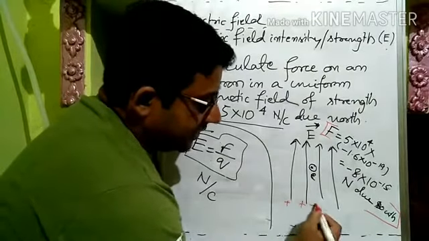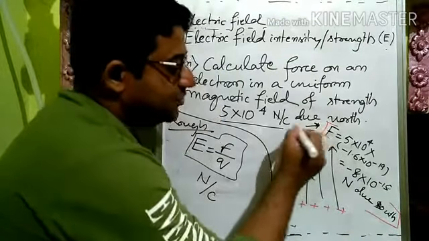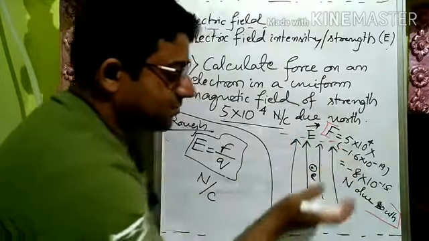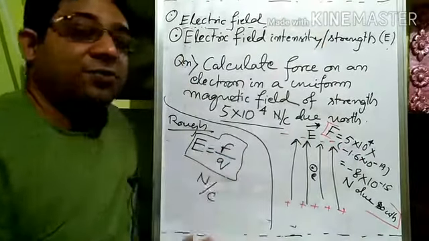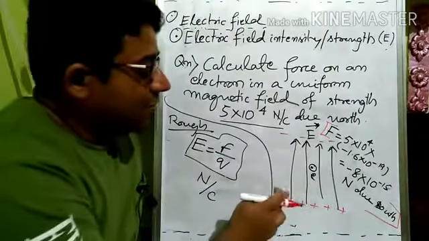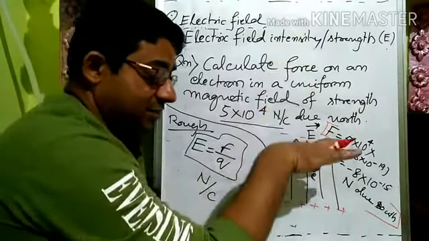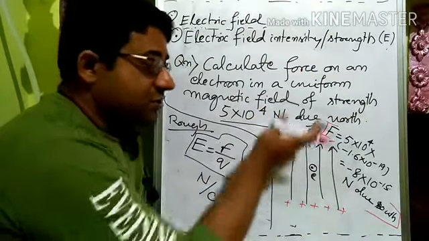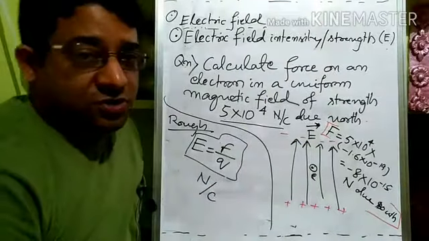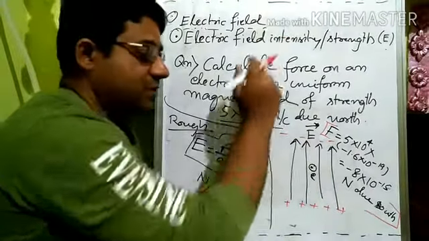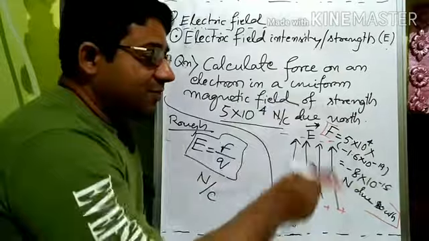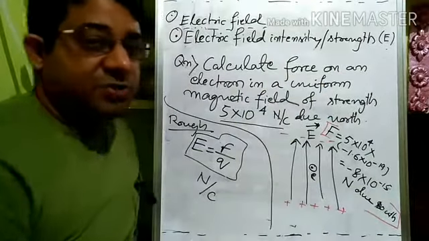That means electric field lines are going from this side to this side, meaning some positive charges are on this side, and negative on the other. You can imagine this way. Now, if the direction of electric field is like this, plus charges must be towards south and minus charges towards the north. That's why it is moving from south to north. If plus were on this side and minus on this side, the electric field direction would be in the opposite direction.